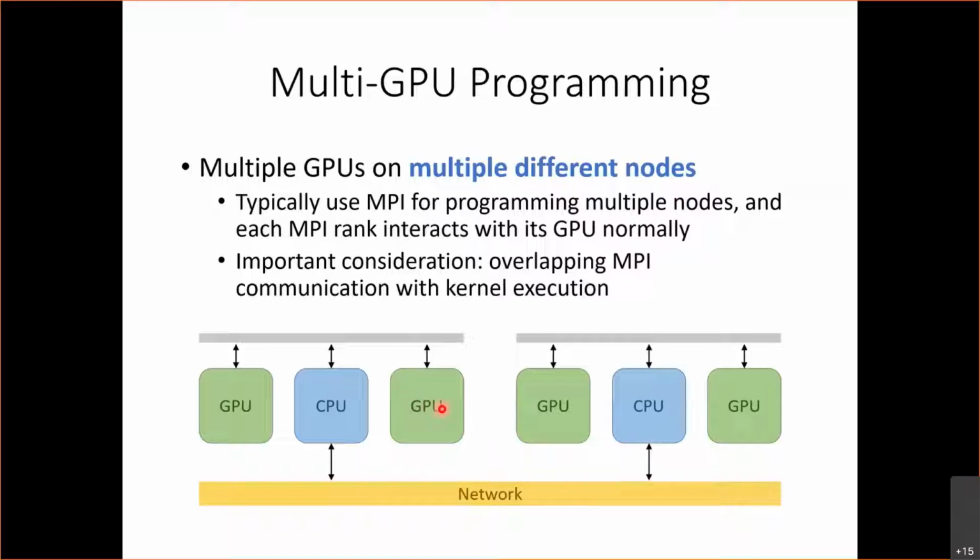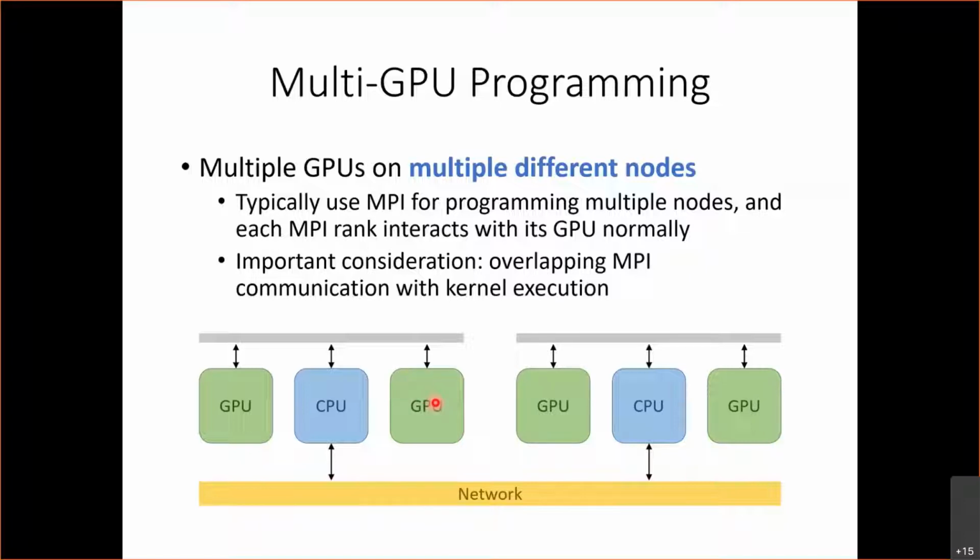One example of this is if we have some kind of stencil computation, and we divide the space that we're doing the stencil computation on across multiple GPUs, and each GPU does a portion of the space. Well, we have to share the halo elements across the different GPUs.